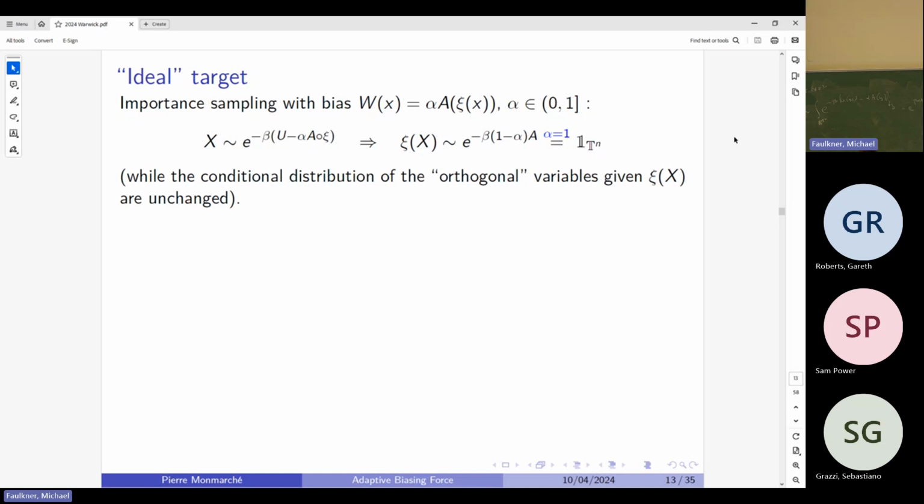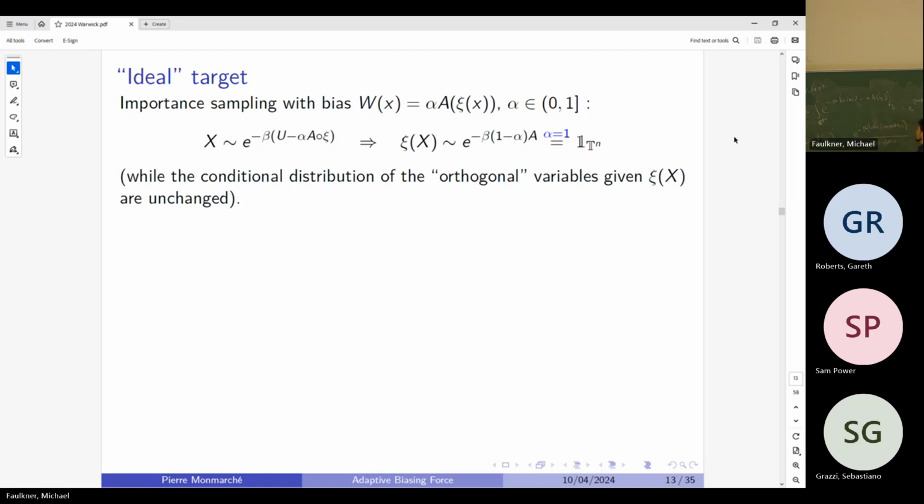And now if you look at the conditional distribution of z given y, let's write it p of z with respect to y. Now this is exponential with this biased distribution. So it's exponential of minus beta U of (y, z) minus alpha A of y, and you divide by exponential of minus beta (1 minus alpha) A of y.